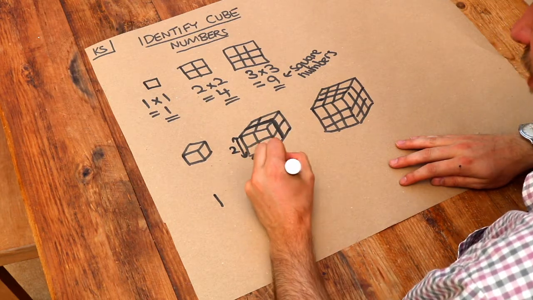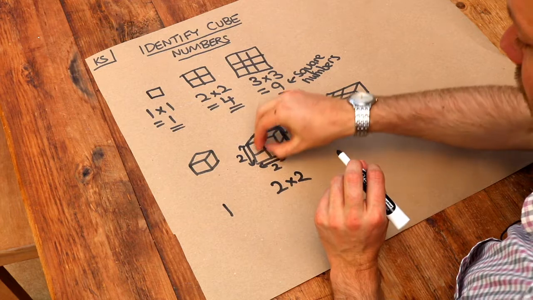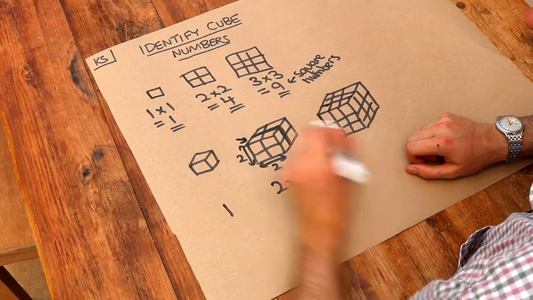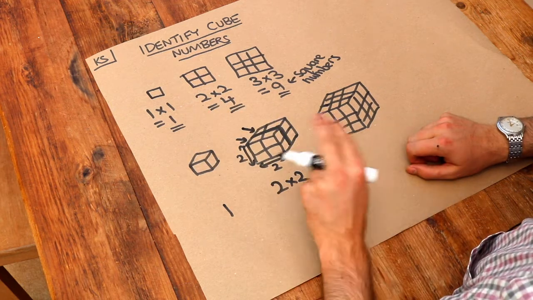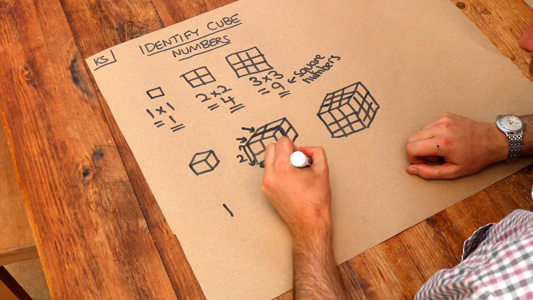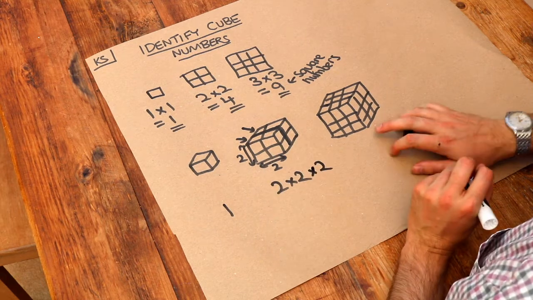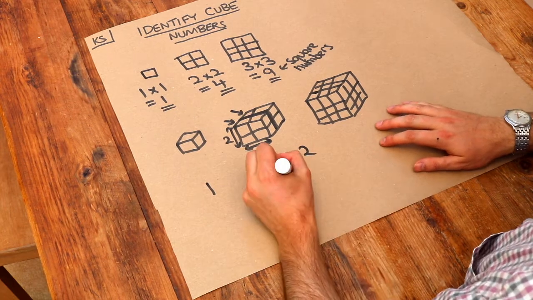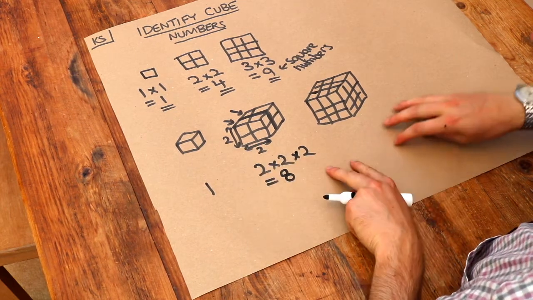But how many layers of cubes have we got? Well, there's a layer of cubes at the front, and then we've got another layer of cubes at the back. That's going to be another lot of 4 cubes. So this amount here, we need to times it by 2 because we've got 2 layers of cubes. And if you do 2 times 2 times 2, that is going to be 8.